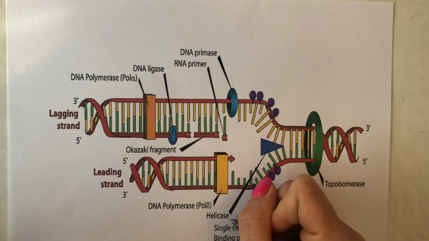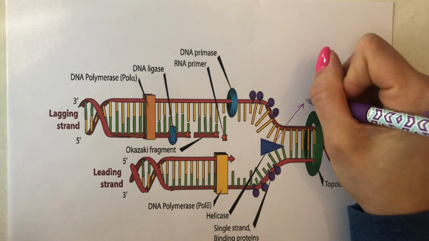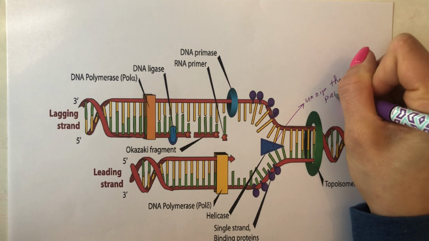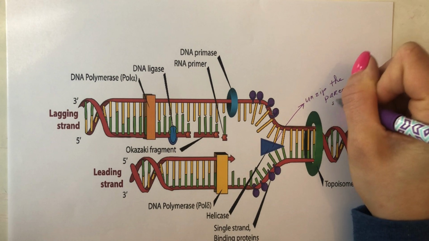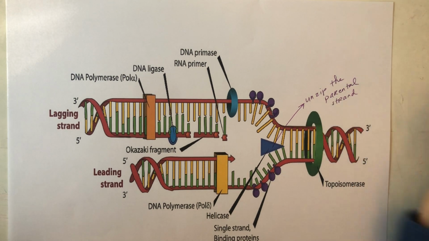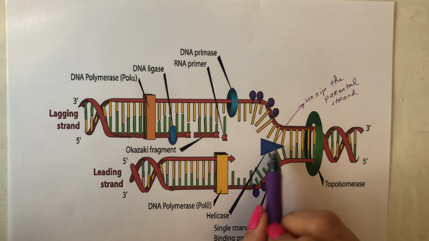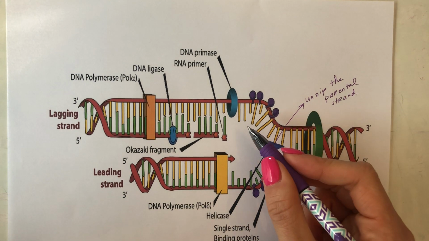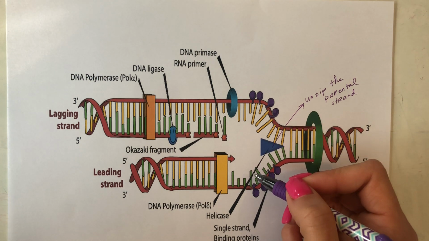So helicase is what's going to unzip the parental strand. Okay, it's allowing access to both of those strands there from the parental strand in order to build our two identical molecules.